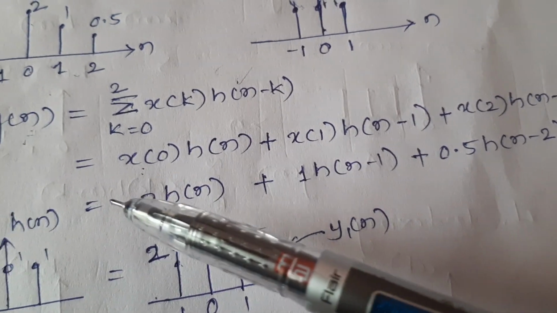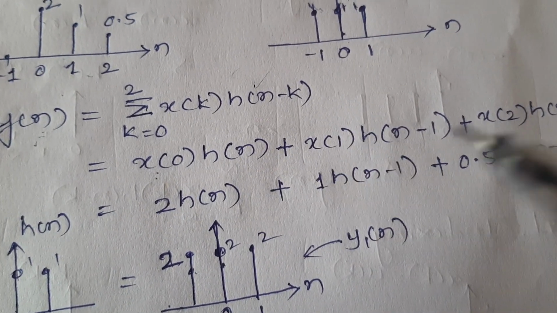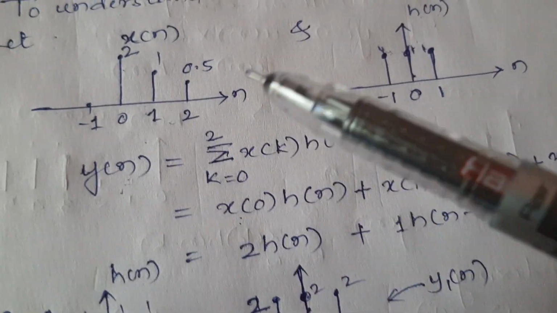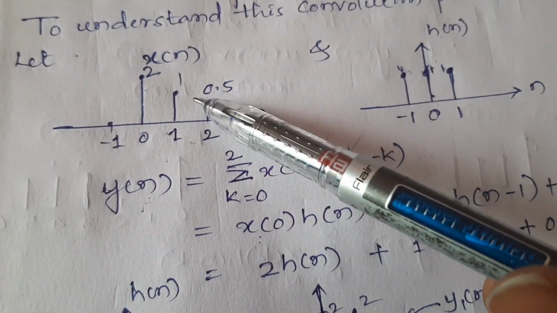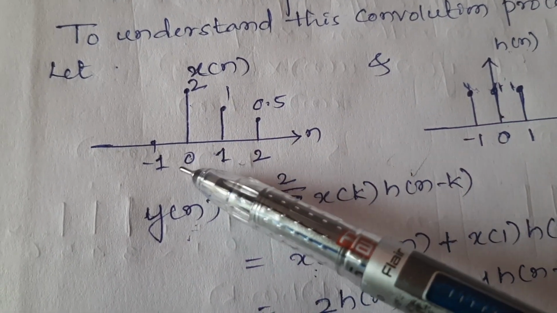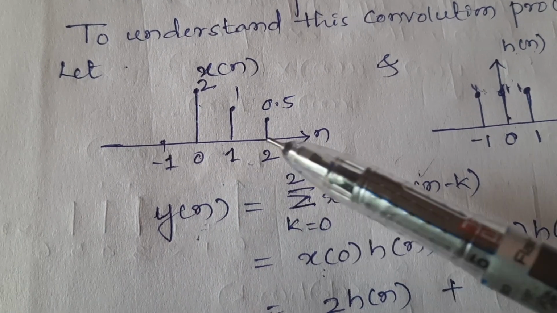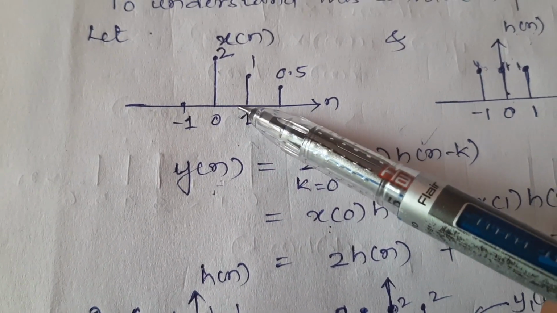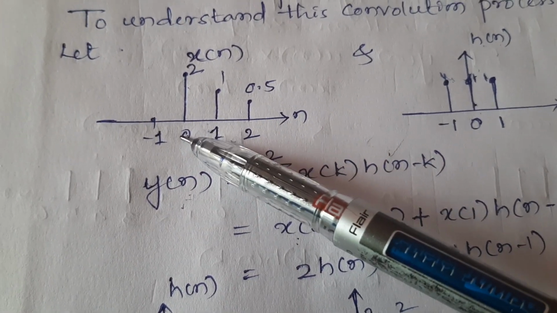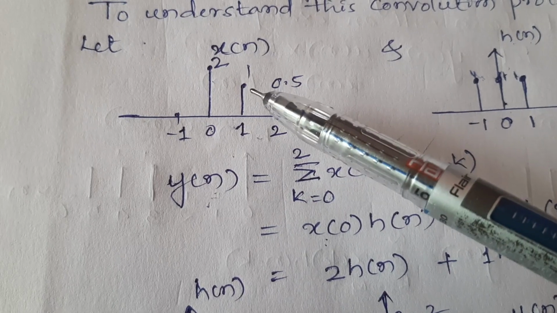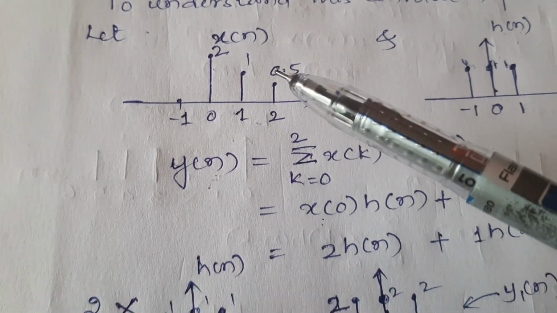Now these x of 0, x of 1 and x of 2 are nothing but the values taken by our x at the 0th, first and second instances. x of 0 is 2, x of 1 is 1 and x of 2 is 0.5.